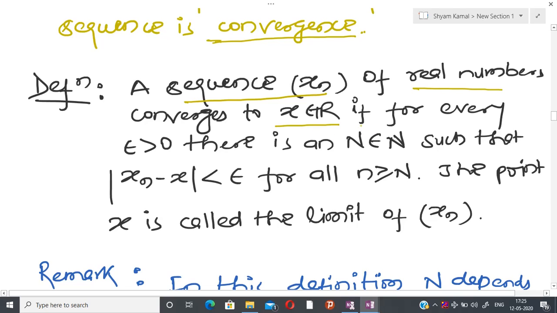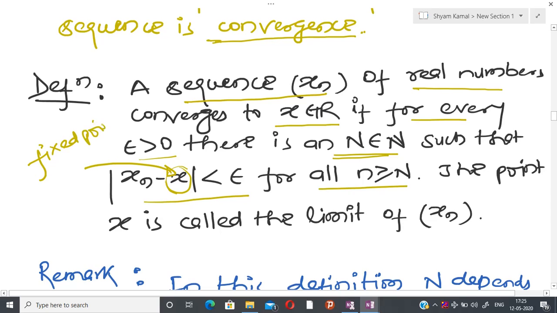So this is possible if for every epsilon there exists a natural number such that the following relation is satisfied. So in this definition you can see that this x I am interpreting as a fixed point, because we are talking about the convergence with respect to this. So this is our fixed point, and this point lies on the same space.